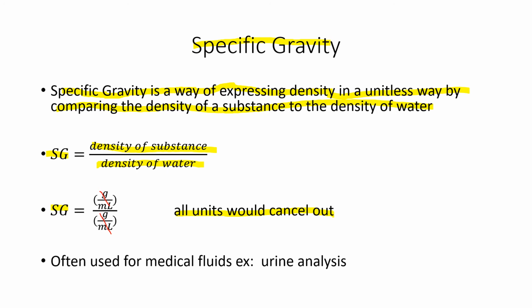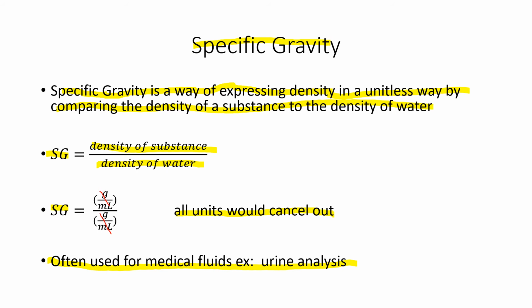Sometimes in medicine and healthcare, instead of dealing with density, you end up dealing with specific gravity. This sometimes comes up in blood analysis and urine analysis. They won't say the density of urine is such and such in grams per milliliter; they'll use specific gravity.